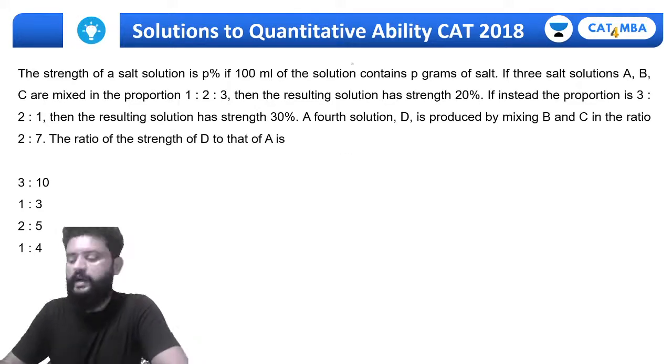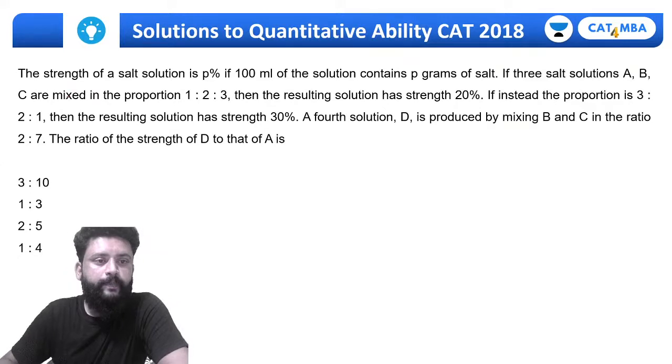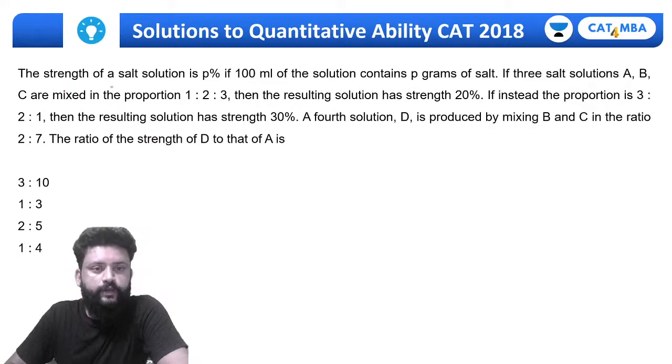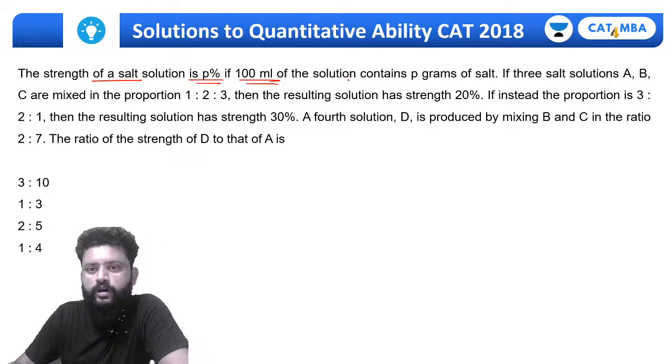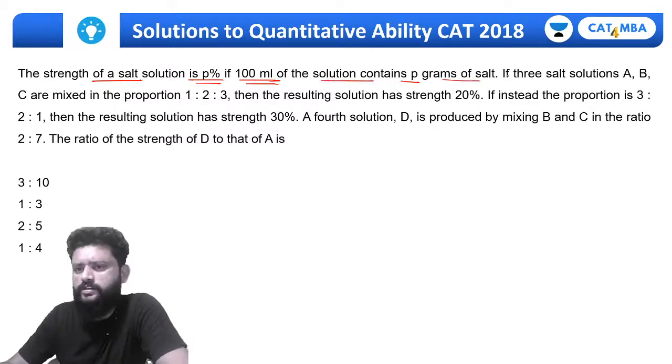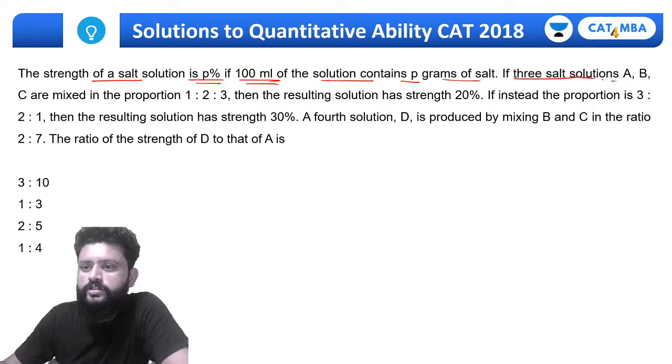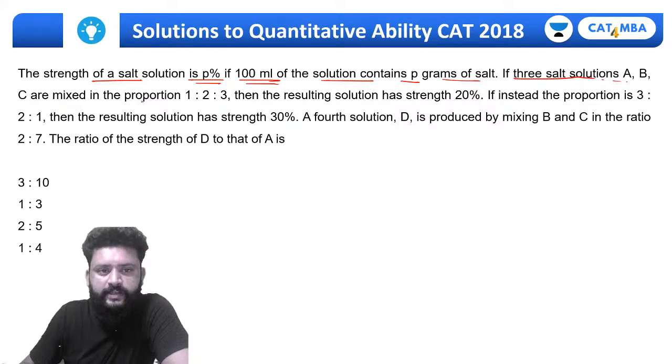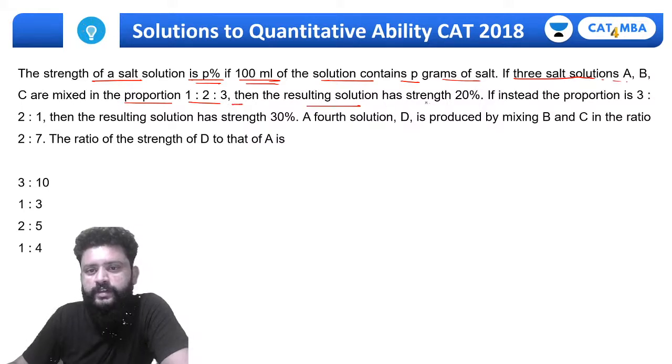Chalo, quickly speed up, last 2 questions for the day. The strength of a salt solution is p% if 100 ml of the solution contains p grams. Okay, that's the concentration. If 3 salt solutions A, B, C are mixed in proportion 1:2:3, the resulting solution has the strength of 20%.